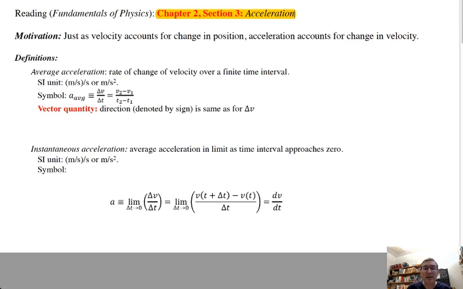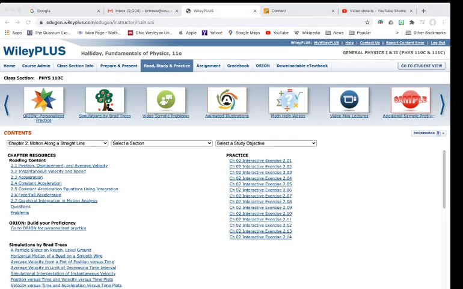Let me show you what that looks like if you log into the Wiley+ site. When you click on Read, Study, and Practice on the Wiley+ site and choose from the Contents drop-down menu Chapter 2, Motion Along a Straight Line, which is the chapter we're studying, you get this page that you see before you now, and you click on, under Reading Content, 2.3 Acceleration.